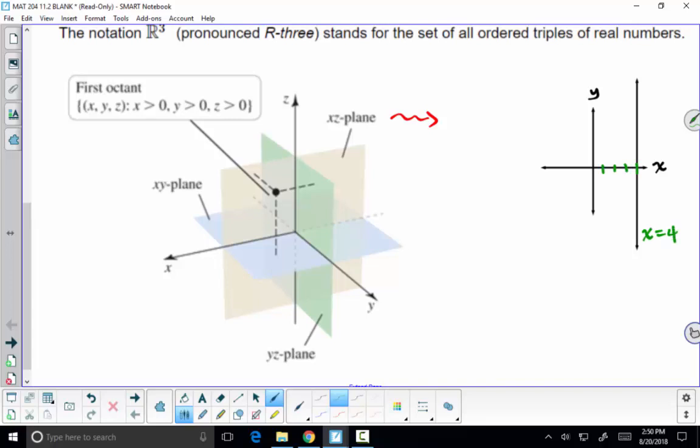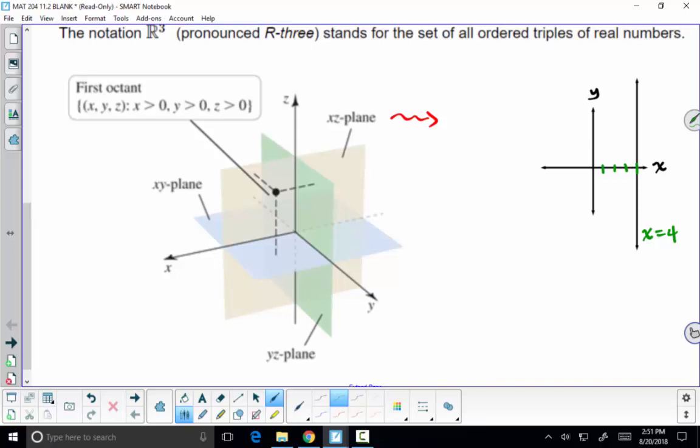The way we should be thinking about the equation x equals 4, you first need to know what space you're in. If somebody says graph x equals 4, the graph is totally different if you're in R1, R2, or R3. In R1, the graph of x equals 4 is just a dot at 4.